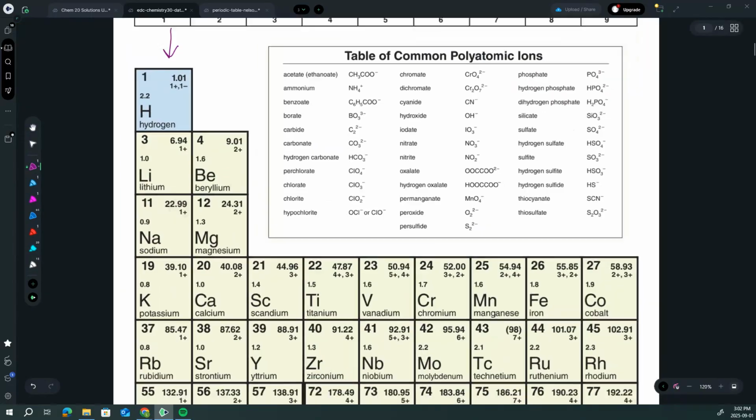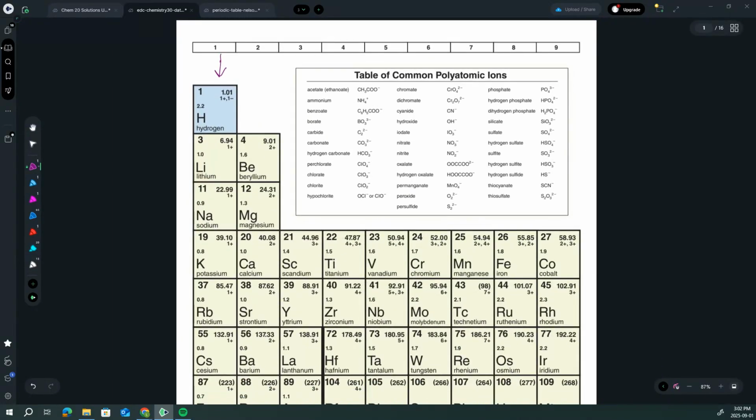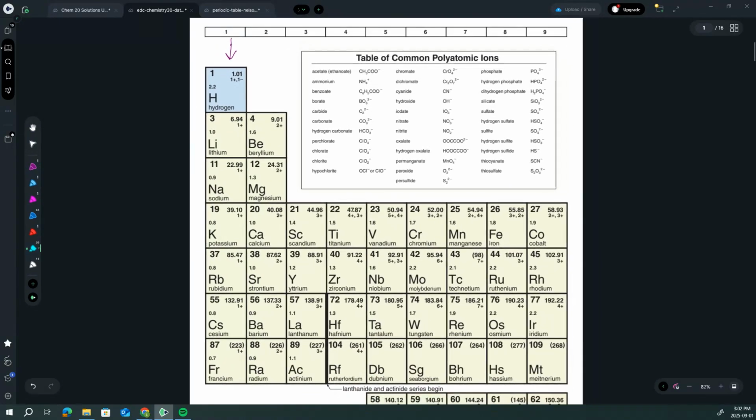Anything in this first column is in group 1. It could be lithium, sodium, potassium, rubidium, cesium, or francium. If any of those are with hydroxide, it's going to be soluble in water.